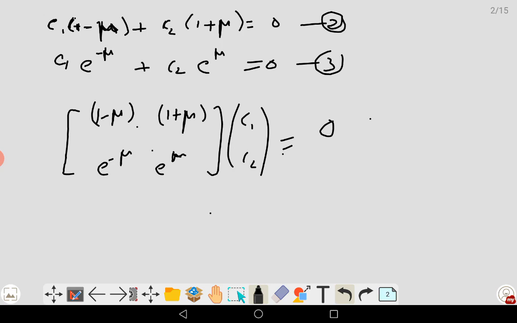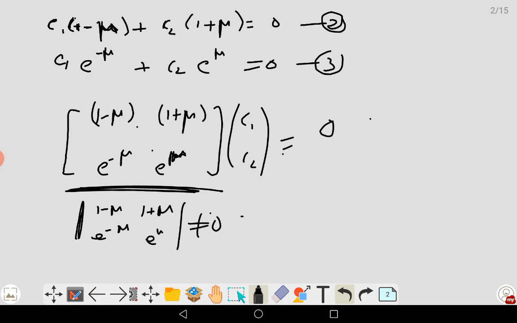We can mathematically verify this determinant is non-zero for any finite value of mu, because exponential will be 0 for only infinite values, isn't it? Exponent e power negative infinity. So this determinant is non-zero. Determinant of this matrix with 1 minus mu, 1 plus mu, e raised to minus mu, e power mu is non-zero.